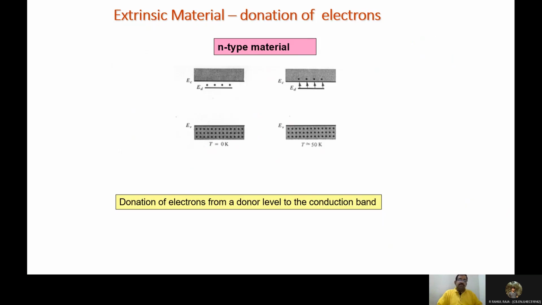Now let us talk about n-type material. In n-type material at 0 Kelvin, let me first explain why the donor level is close to the conduction band edge. It is very, very simple. You can think like this. Suppose I am very rich, and somebody needs money.